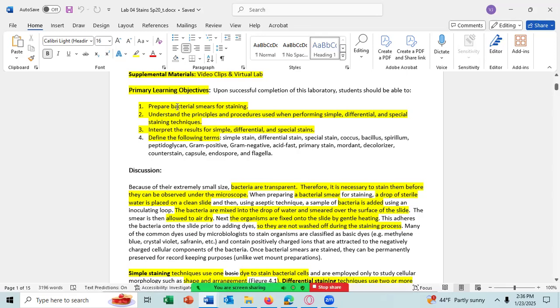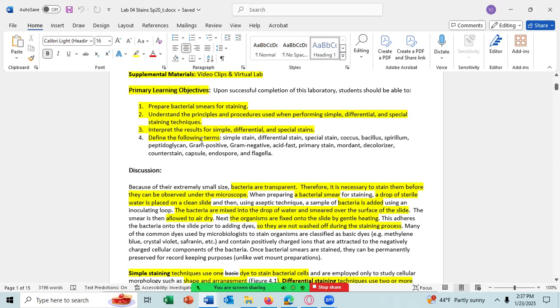Two, understand the principles and procedures used when performing a simple stain, a differential stain, and special staining techniques. Three, be able to interpret the results for a simple stain, a differential stain, and a special stain. And then four, be able to define the following terms: a simple stain, a differential stain, a special stain.